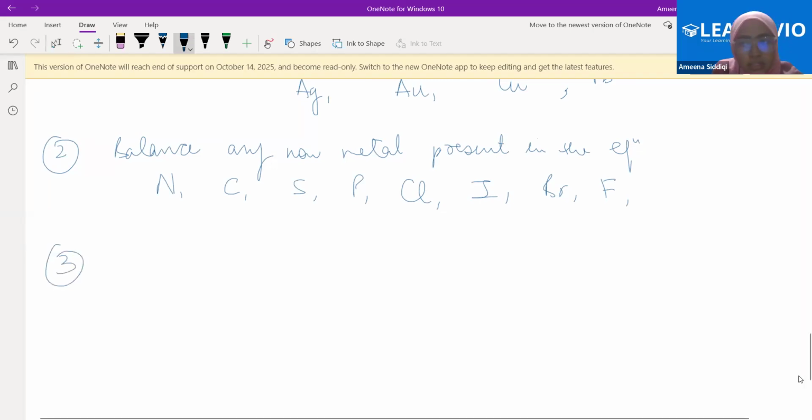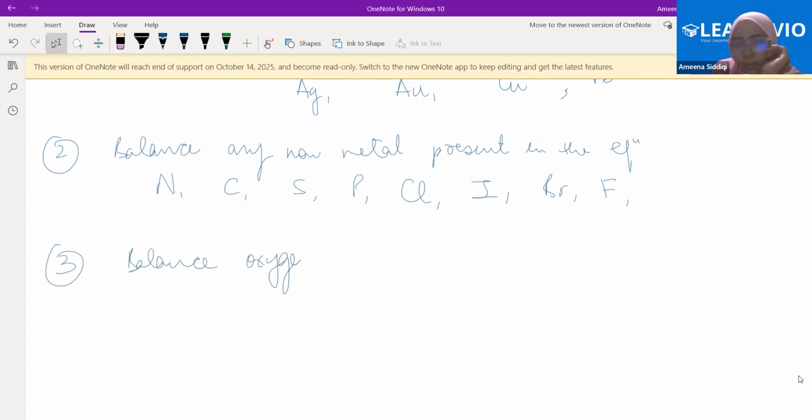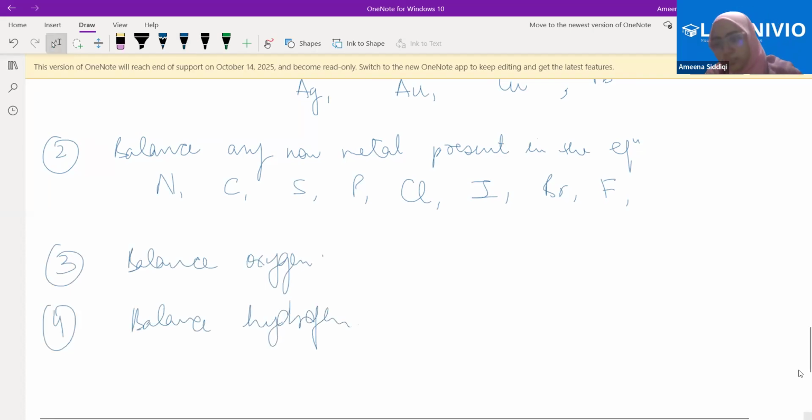So in the second step, do not focus on oxygen. Focus on all other non-metals. Clear? Now the third step is balance oxygen. Clear? The fourth and last step is balance hydrogen. Clear? Write it quickly and then we'll discuss the examples here.